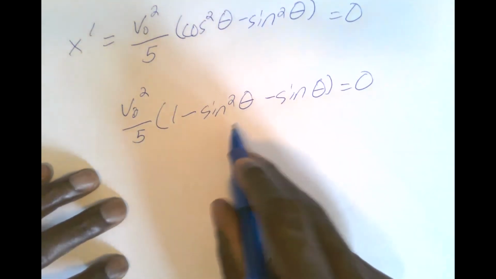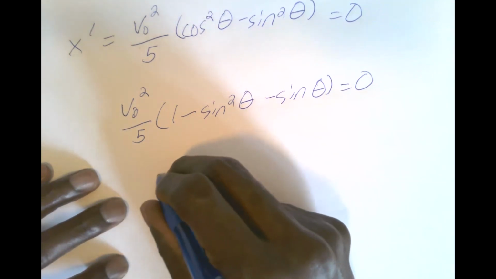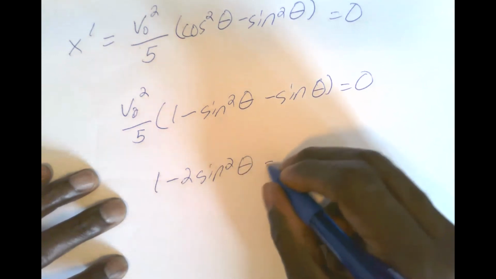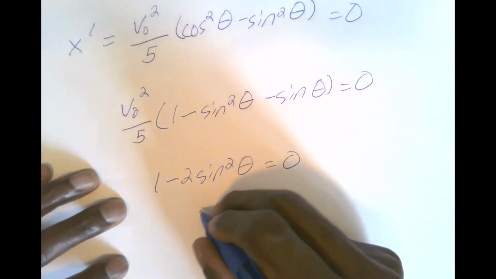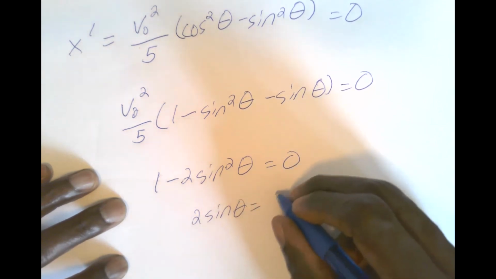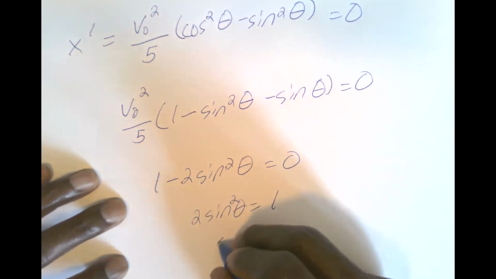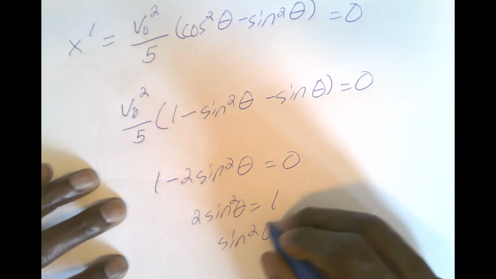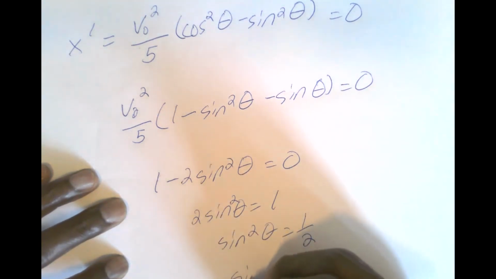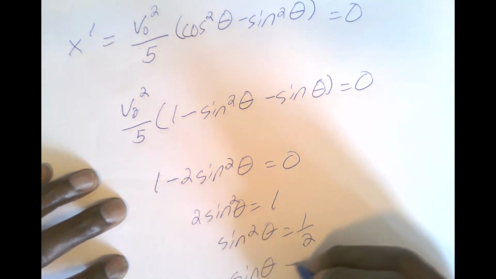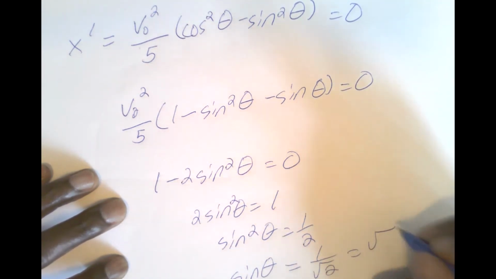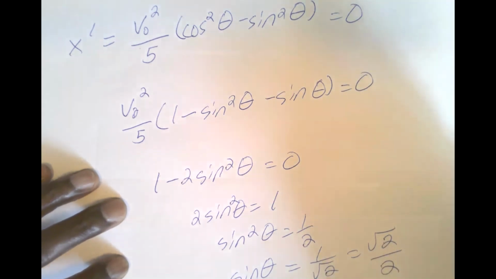And then I would combine these two sine squared thetas, and I would have 1 minus 2 sine squared theta equals 0, which means that 2 times sine squared theta equals 1, or sine squared theta equals 1/2, which means that sine theta equals the square root of 1/2, which is 1 over the square root of 2, which can be thought of as the square root of 2 over 2.